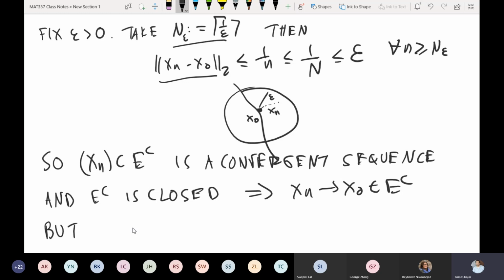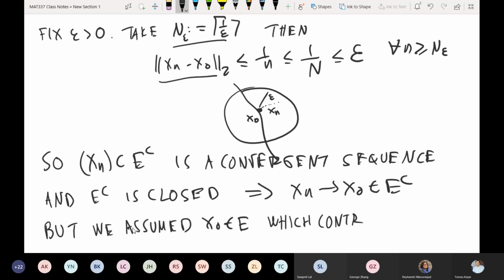But we assumed that x naught is in E, which contradicts that E and E complement have empty intersection. Any questions? Okay.